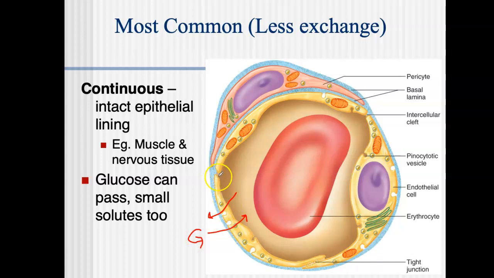Do you notice where this is joining that one? So maybe it can scoot in between, right? Or maybe it can form a little vesicle like this and then just travel across and get inside. But somehow it's going to have to cross this barrier. Okay, continuous, think of it as the most common and the least exchange, even though a lot of exchange is happening.